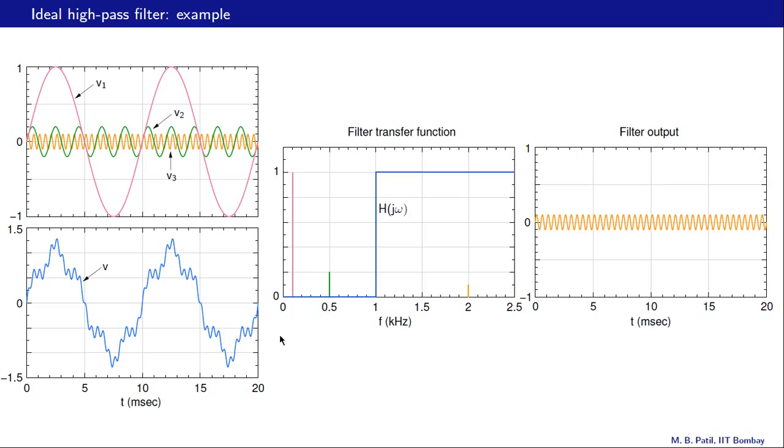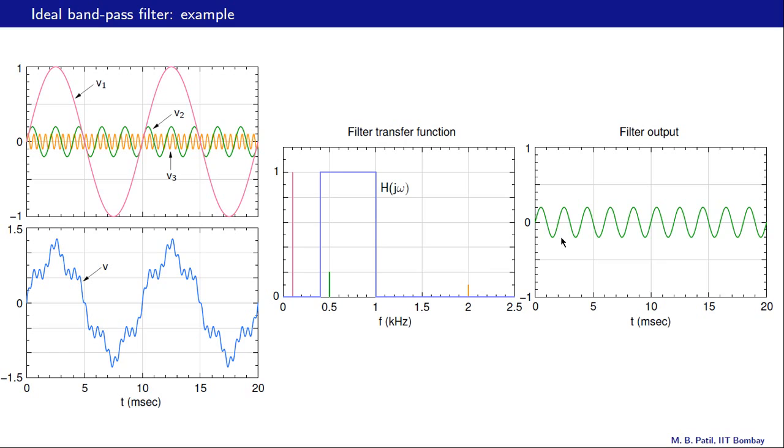If we pass the same V of t through a high pass filter now with this transfer function here, then only the high frequency component survives. These two get eliminated, and then at the output we have the voltage corresponding to this component, that is V3, as shown here. What about a band pass filter?